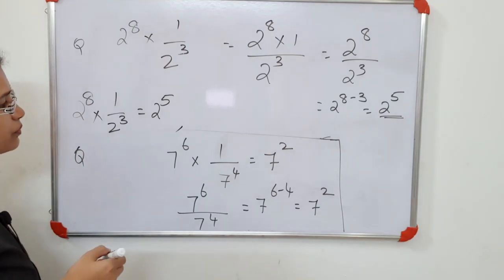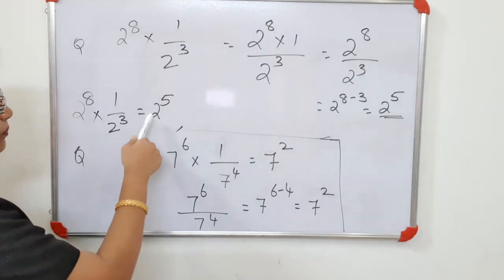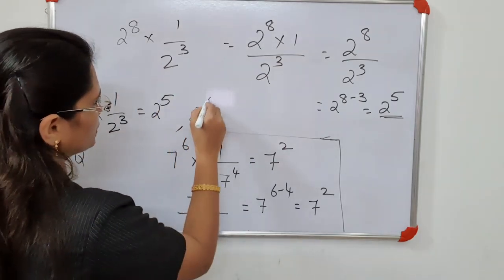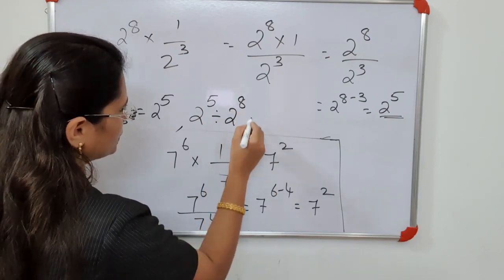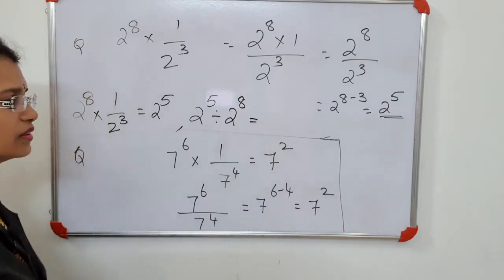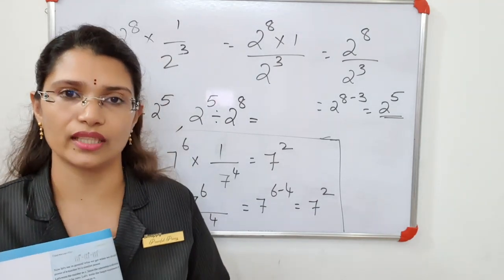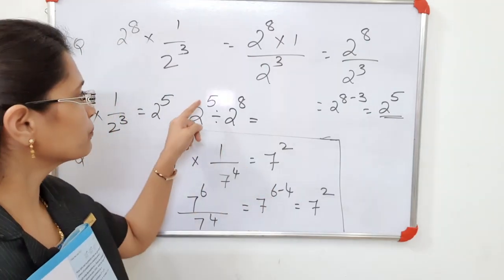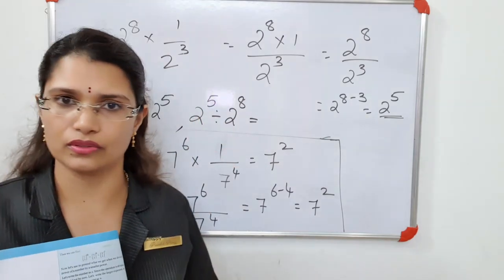Now, in another division, we are going to try like this: 2 raised to 5 divided by 2 raised to 8 is equal to dash. X raised to m divided by x raised to n is equal to x raised to m minus n. But one condition was there, this m should be greater than n, then only 5 minus 8 is possible, right?